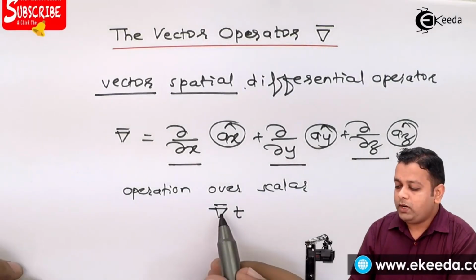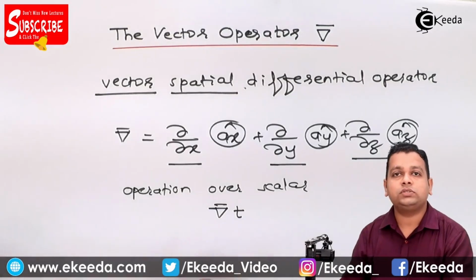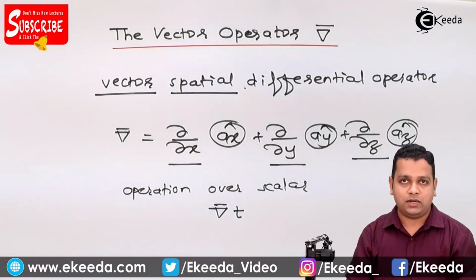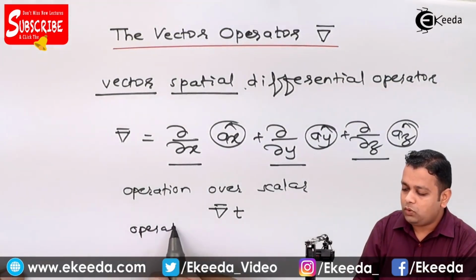The operation of del vector over any scalar gives a resultant that is a vector, most of the time called the gradient.